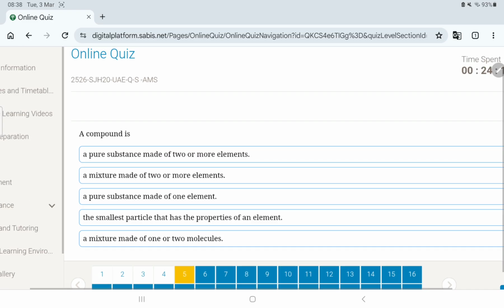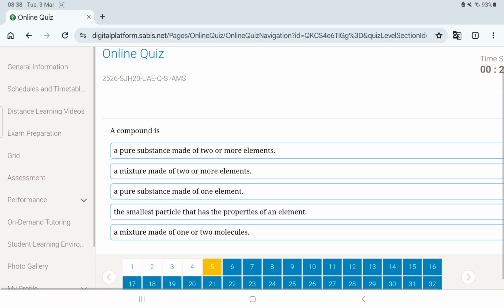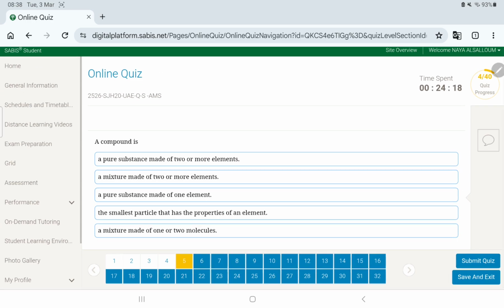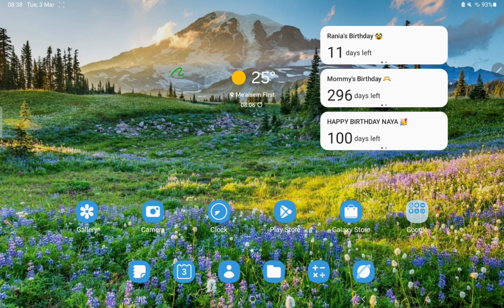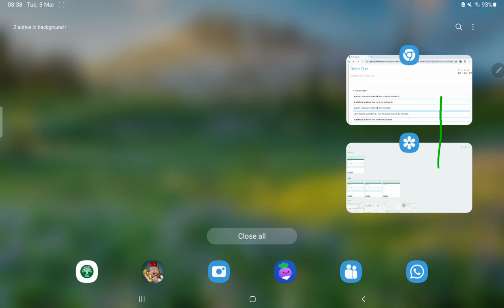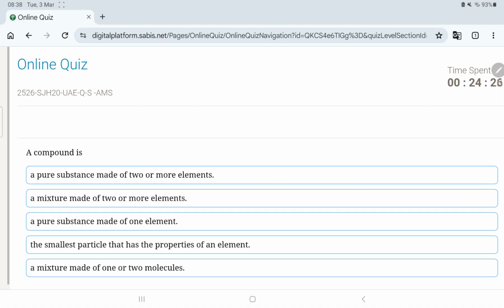Question 5 says, a compound. Okay, guys, now you need to know the following. You need to know atoms, elements, compounds, and molecules.